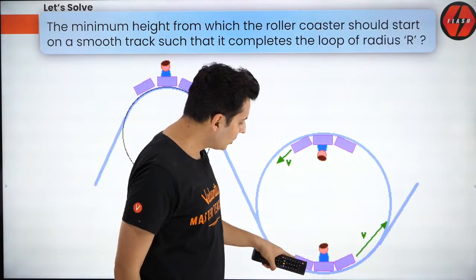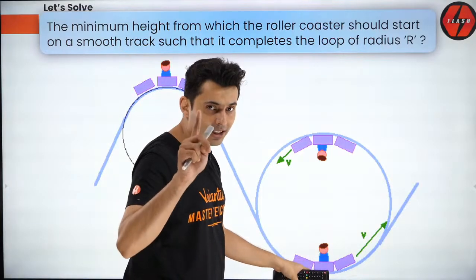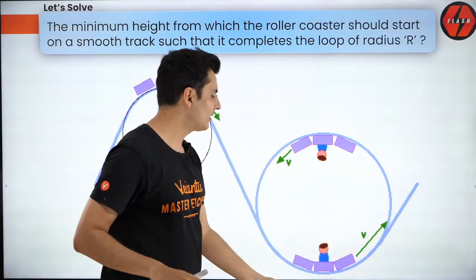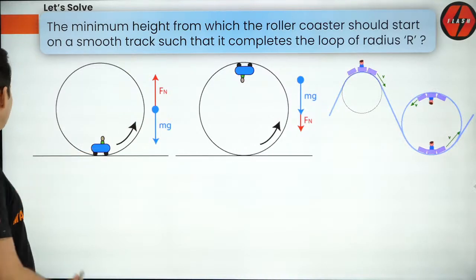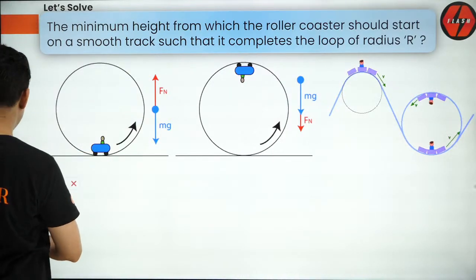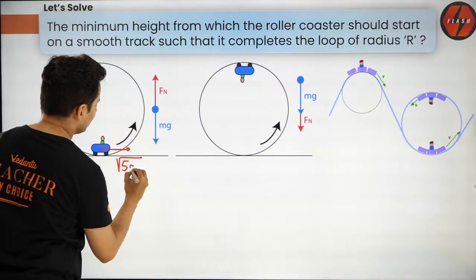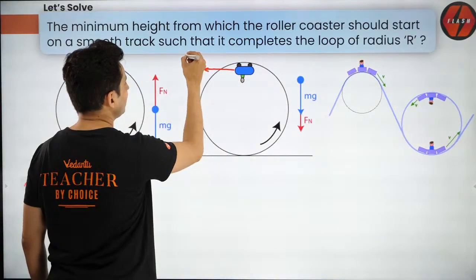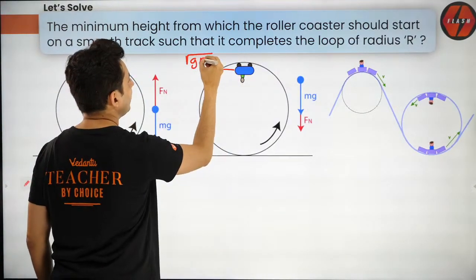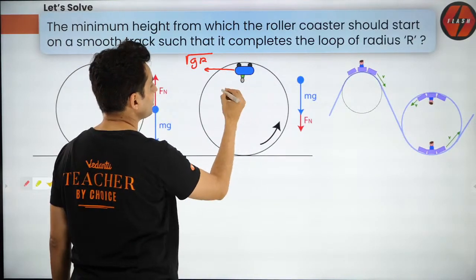So this guy's speed here should be root 5 GR so that he completes the vertical circle. Imagine when he is at the bottommost point, if his speed is root 5 GR, then when he reaches the top, his speed will be root GR. Only then, understand, he will not lose contact.